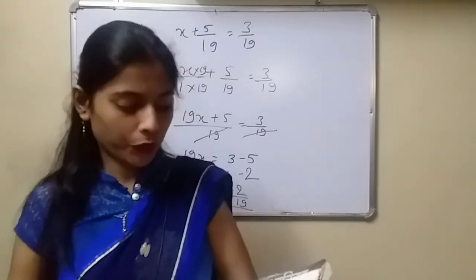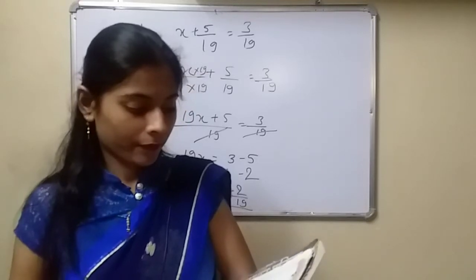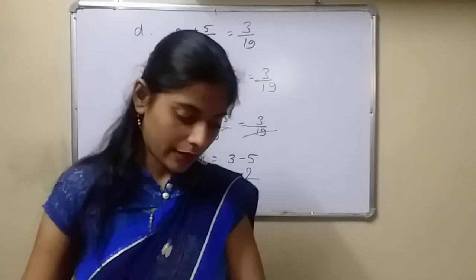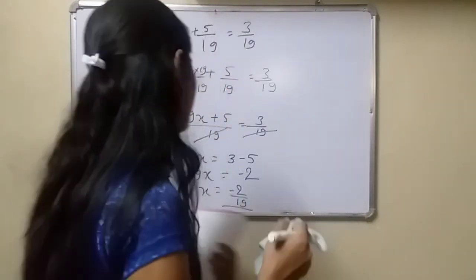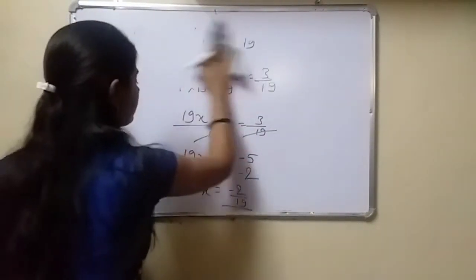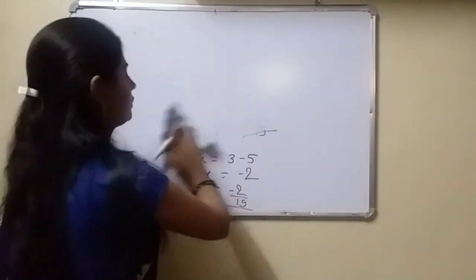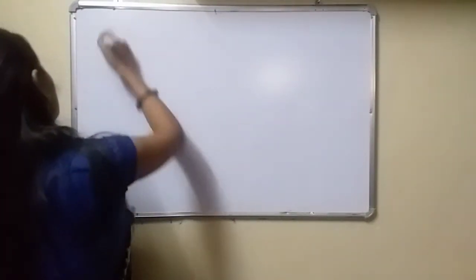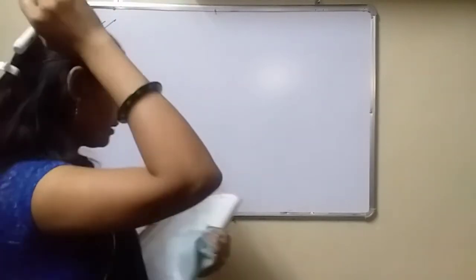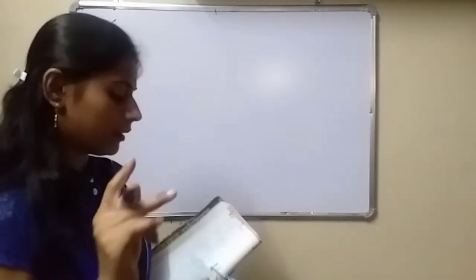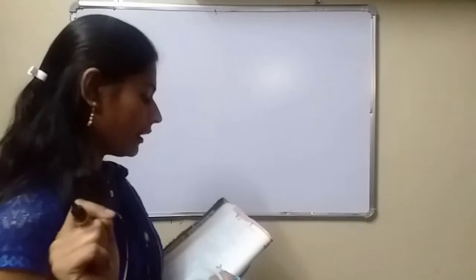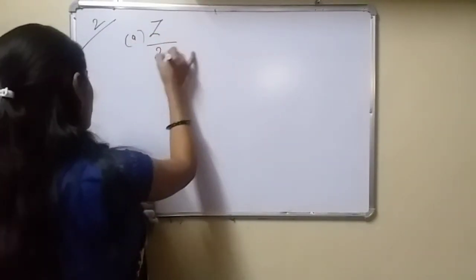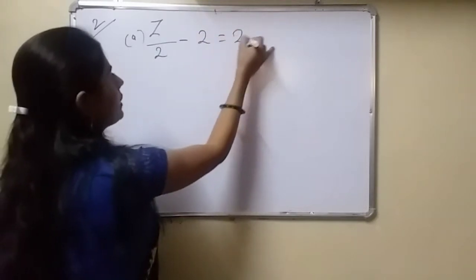Now see question number 2: complete the following equations by balancing on both sides. Here you have to balance the equations. We will do the first one; after that, the rest of the 2 questions are your homework that you have to do by yourself. Now see A: Z by 2 minus 2 is equal to 26.